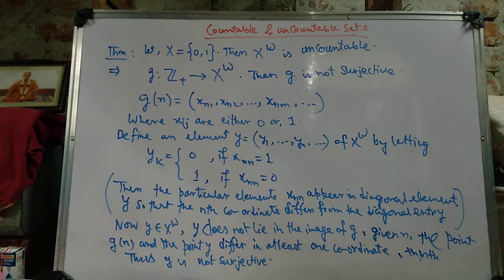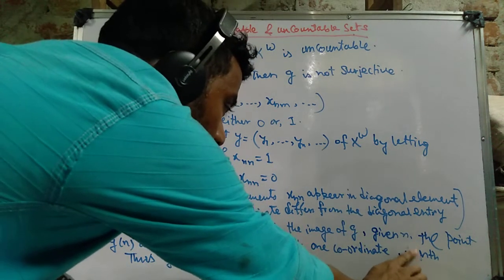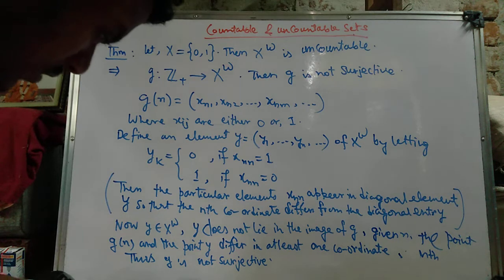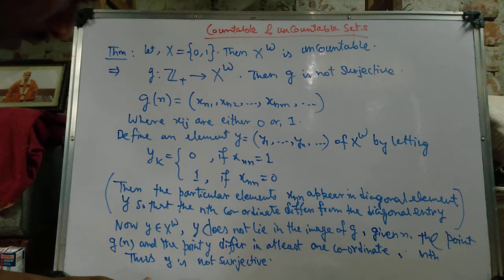Hence y belongs to X to the power omega but does not lie in the image of G. Given n, the point Gn and the point y differ in at least one coordinate, and this coordinate is the nth coordinate. So G is not surjective, and {0,1} to the power omega is an uncountable set.